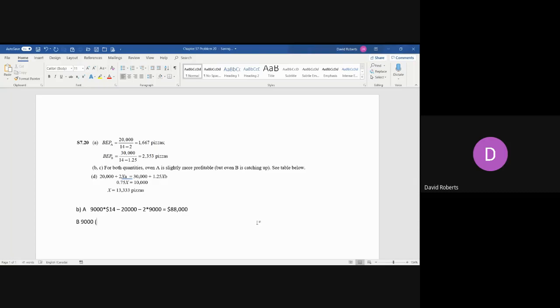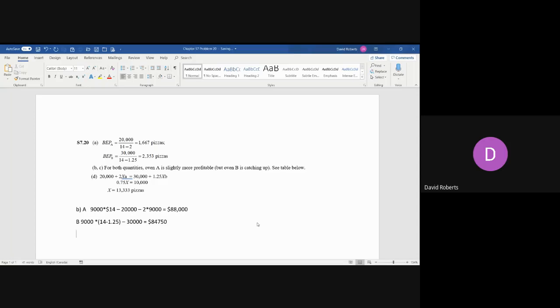The contribution margin is $14 minus the $1.25, minus the fixed cost, and you wind up with $12.75 times 9,000 minus 30,000, and you wind up with a profit of $84,750. And I'll let you do the 12,000 on your own.